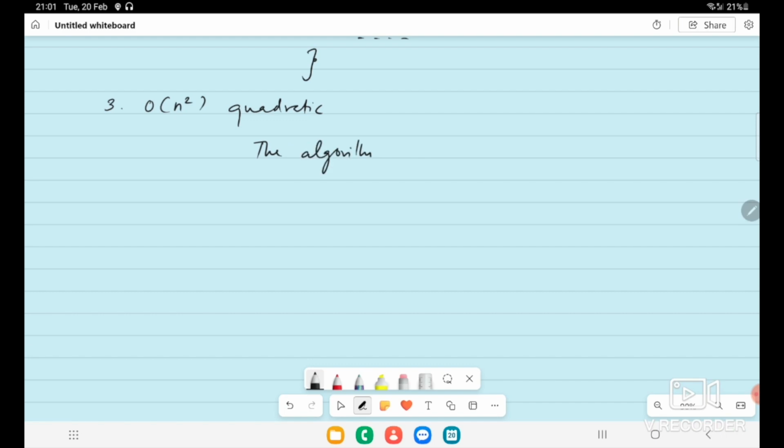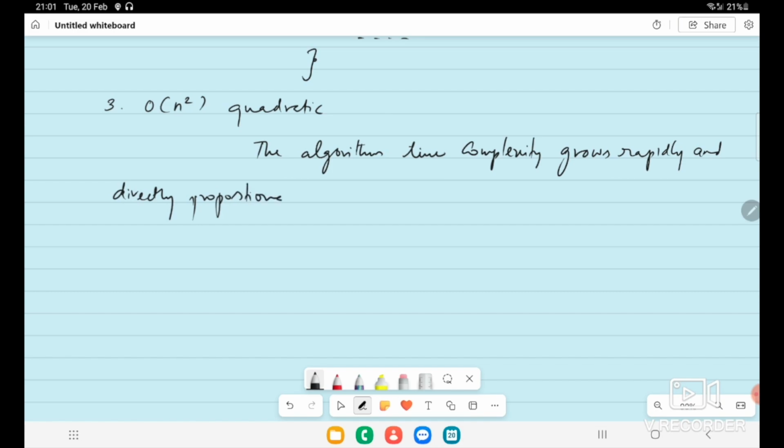The algorithm's time complexity grows rapidly and is directly proportional to the square of the input size.